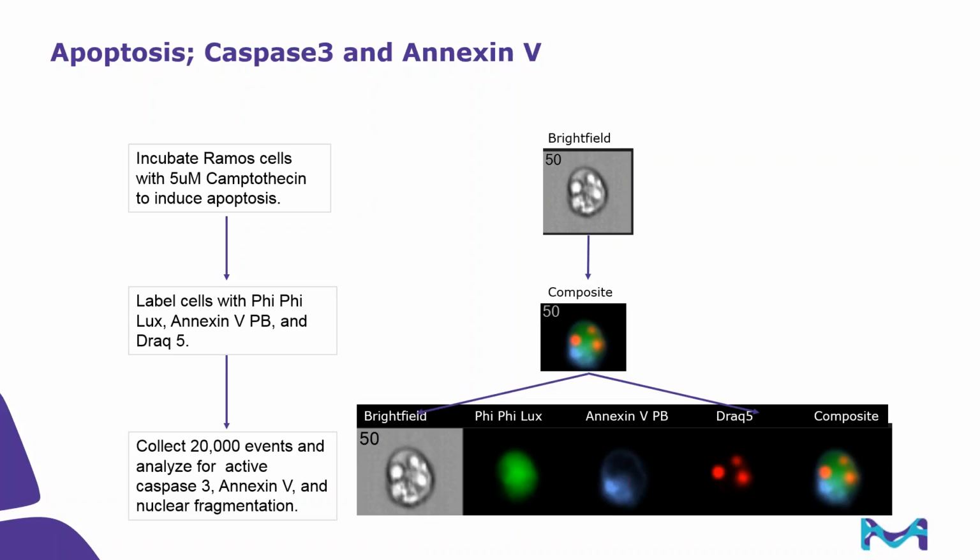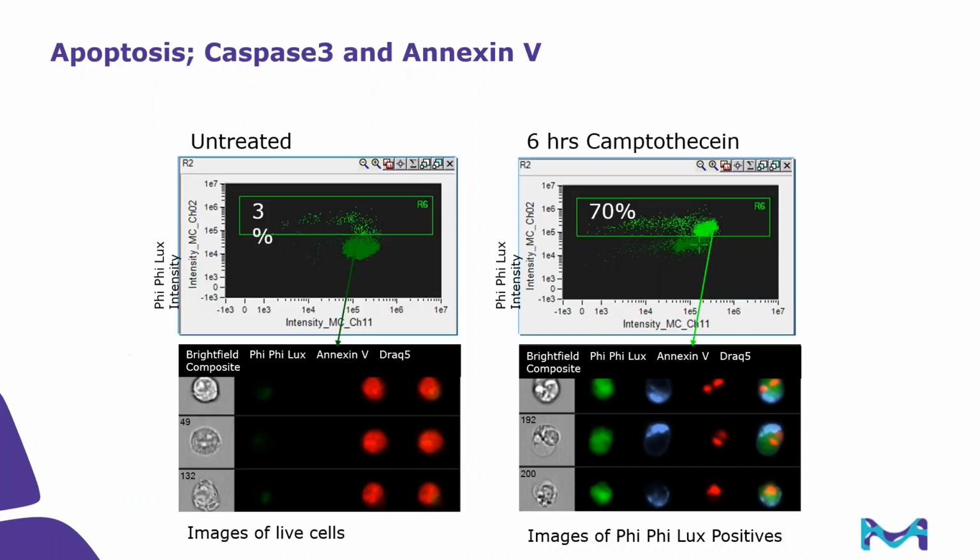In this experiment, we're going to collect 20,000 events and quantify the apoptotic index using active caspase, annexin 5, and nuclear fragmentation. And what this allows us to do is look at the orchestration of the apoptotic pathway within the cell type. So the first plot that we would look at is the active caspase 3, and you can see the untreated sample has about 30% active caspase.